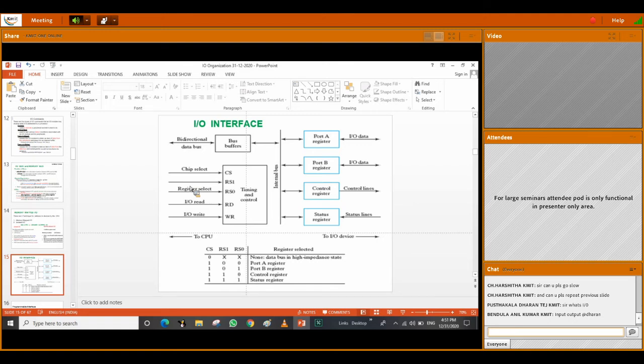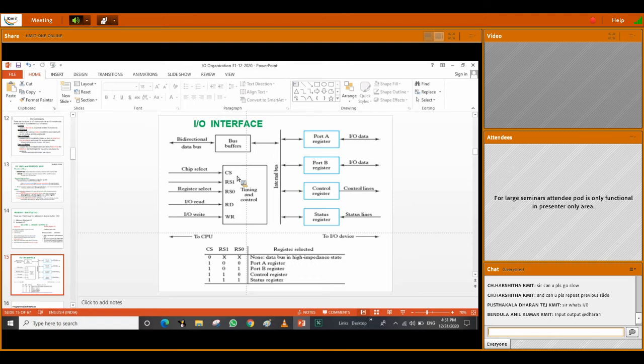That comes under chip selection, and also register selection. These two are register selection. For example, the register we can take from read and write, RD and WR.